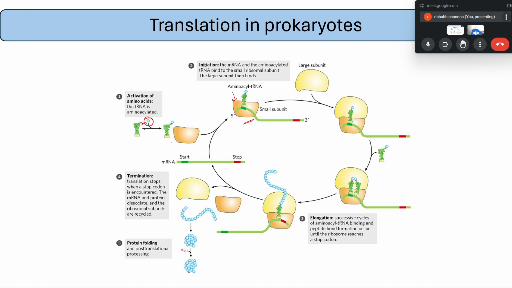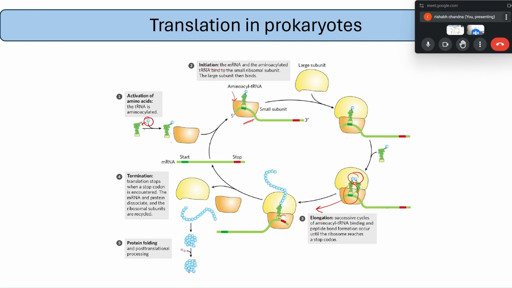That leads to initiation, and after the ribosome has bound to the mRNA and the first tRNA is also bound, then the second tRNA comes and protein synthesis occurs. This leads to the formation of the peptide bond and further translocation on the mRNA chain. So this leads to the elongation of the translation process.